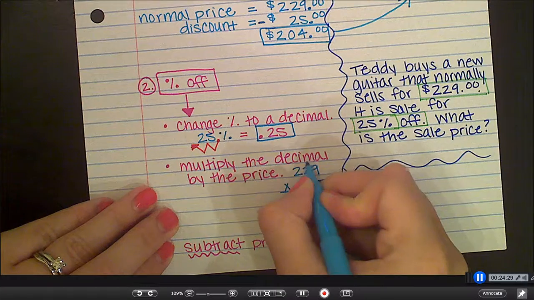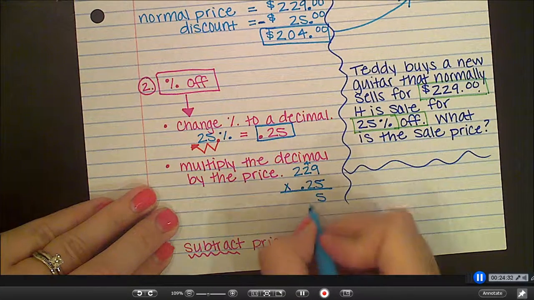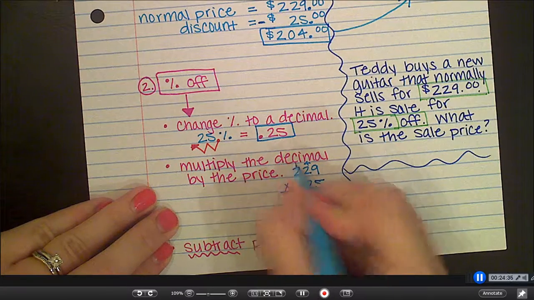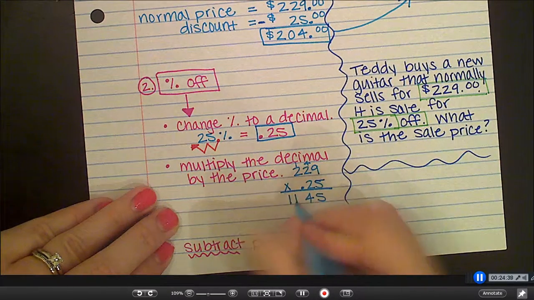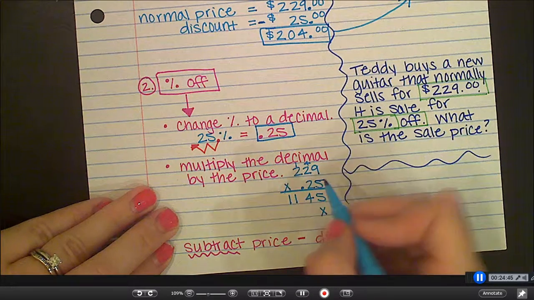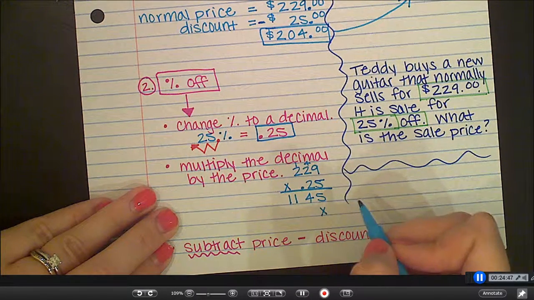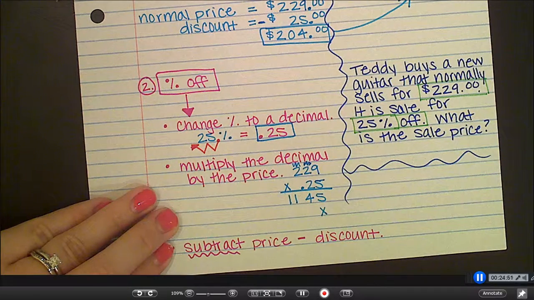I'm going to carry my 4. 5 times 2 is 10, plus 4 is 14. 5 times 2 is 10, plus 1 is 11. So I need to put a placeholder or a 0 or something there, whatever you want to put there, to make sure that you don't put a real number there. And we're going to get rid of that 4 and that 1 that we carried. We don't want to accidentally use them again.